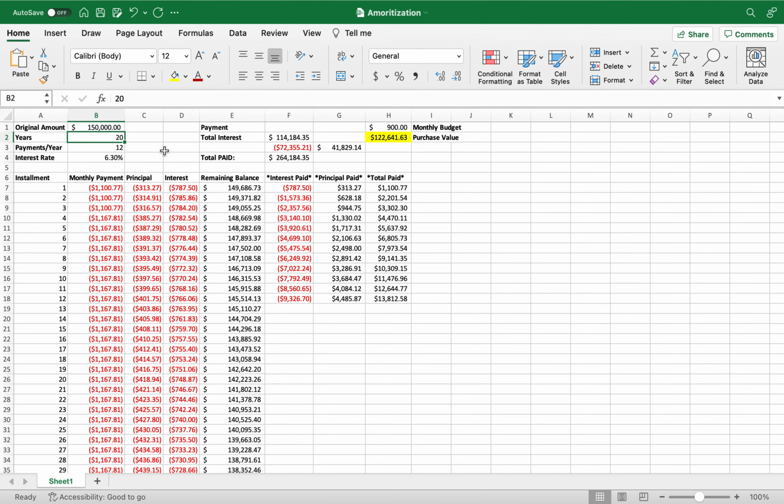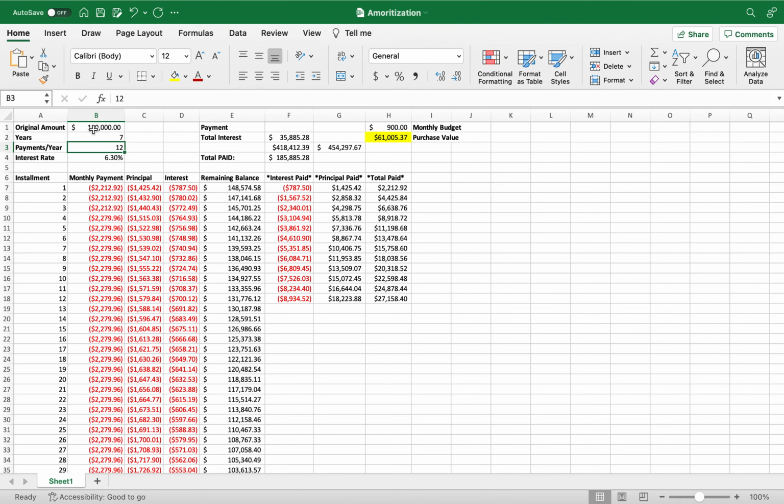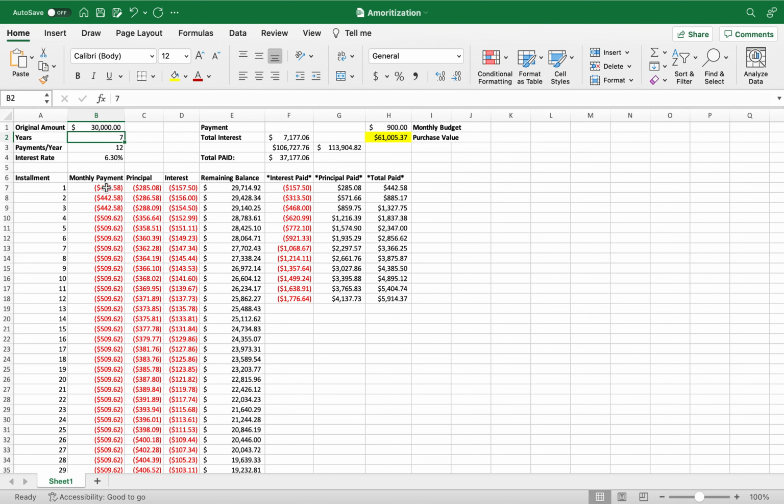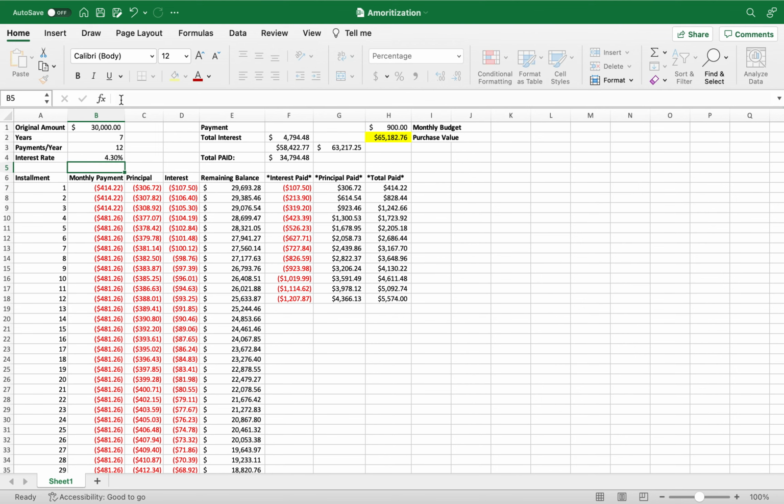You could also use this for vehicles. So you put in 7 years and a $30,000 vehicle. Now you're paying $442 a month. Maybe you get a better interest rate than this. I don't know. So 414. So you can play around with this quite a bit. Anyway, this is the template to get this started, to get this built up.